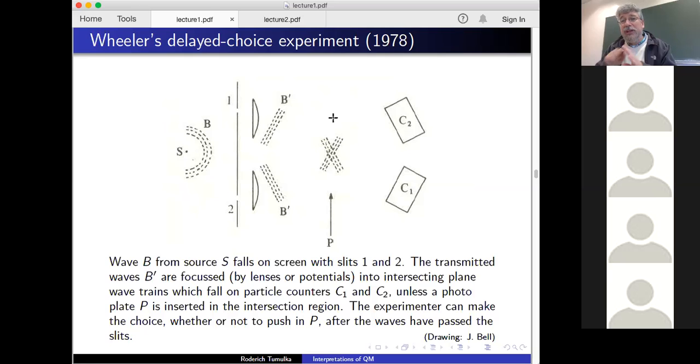And with the plate, you will get a spot on the plate. And of course, since the plate is in the interference region, what you would see on the plate after many runs of the experiment is an interference pattern, just as usual in the double slit experiment, just like the interference pattern that we just talked about.